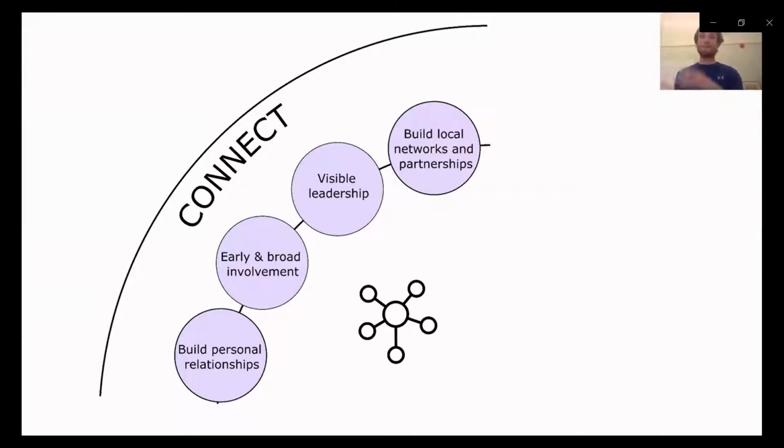Instead, you start right from the planning phase to incorporate all the local stakeholders. And then lastly, it's to build personal relationships as well. The Lithuanian project, for example, described how they just knocked on farmers' doors, asked for their opinion, and then said, well, how can we work together to restore the rare European songbird population?